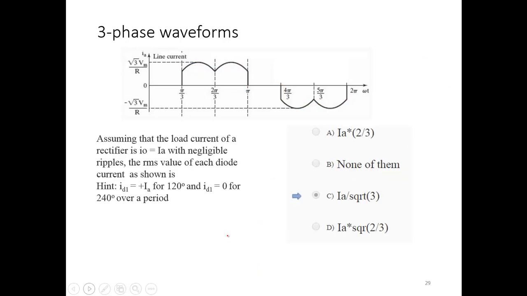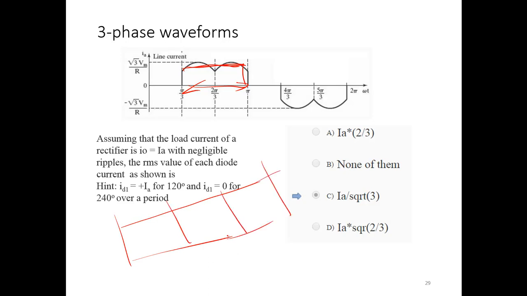They ask you a similar question: assuming the load current is negligible ripple, find the RMS value of each diode current. You are looking for whatever the IA was. Remember, this is for one diode, another is 120 degrees from it, another 120 degrees, and another 120 degrees. If the output is continuous, this is for diode 1, this is for diode 2, and this is for diode 3.